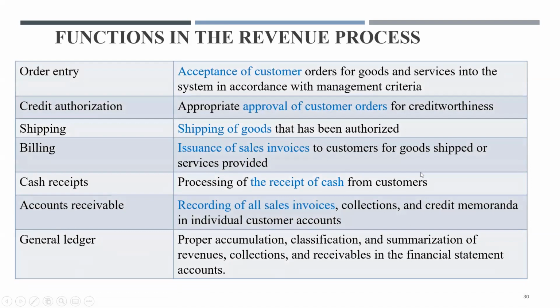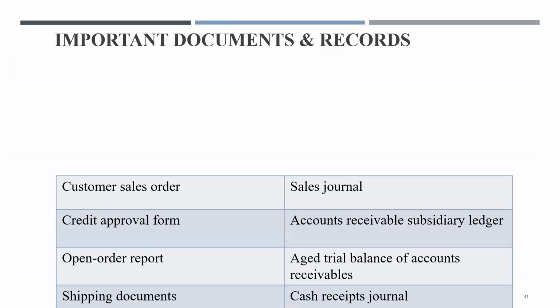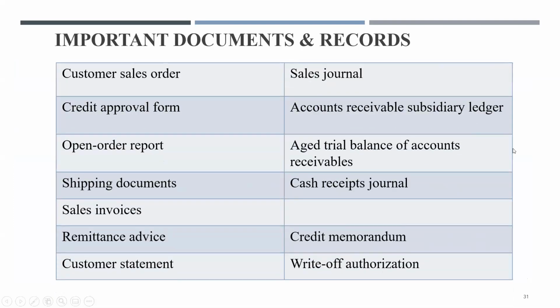So in this whole process, multiple functions have been involved, like ordering, credit check, shipping, billing, cash receipts, accounts receivable, and also the general ledger, which is dealt with by the financial accountants, right? And also, there are several important documents in this process: shipping transaction documents and also accounting documents.